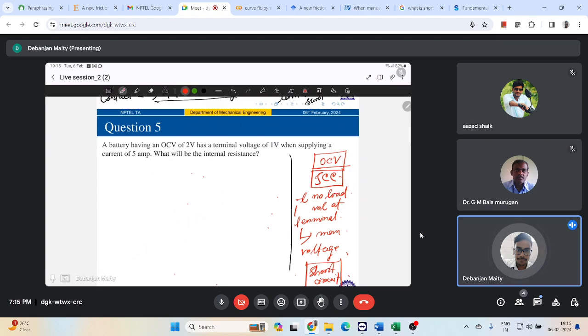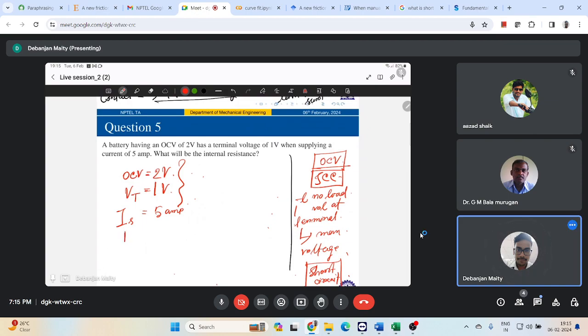It says a battery having an OCV of 2 volt, which has a terminal voltage of 1 volt when I am supplying a current of 5 amp, what will be the internal resistance? So I have an OCV of 2 volt, a terminal voltage of 1 volt, and I am supplying a current of 5 amp.